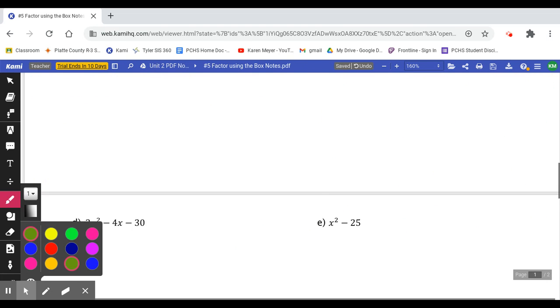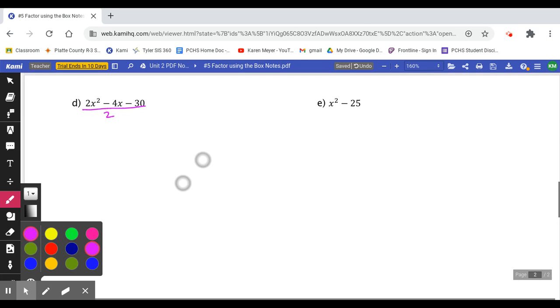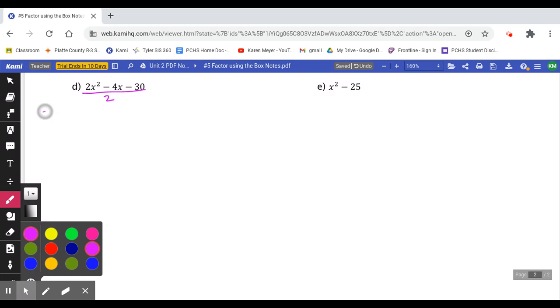Okay. Scrolling on. D. Does this one have a GCF? And finally, I get to say, yes, it does, because I noticed 2, 4, and 30 are all divisible by 2. So your GCF is going to go out in front.